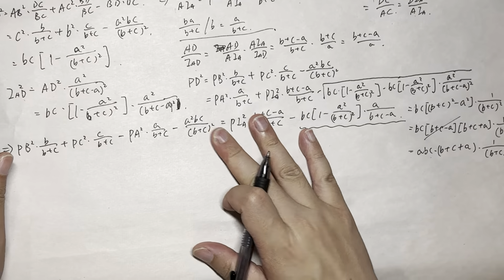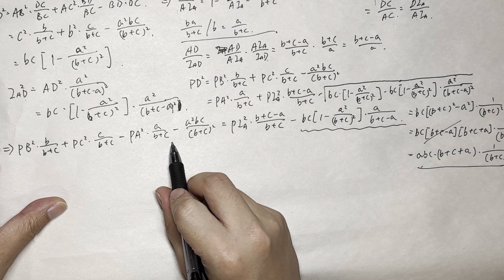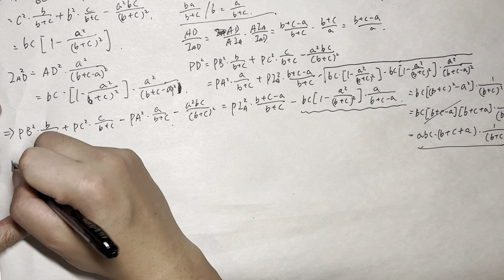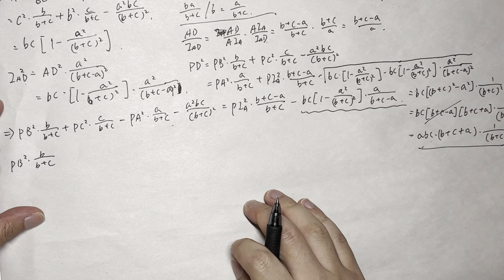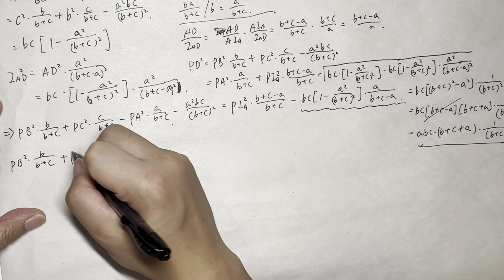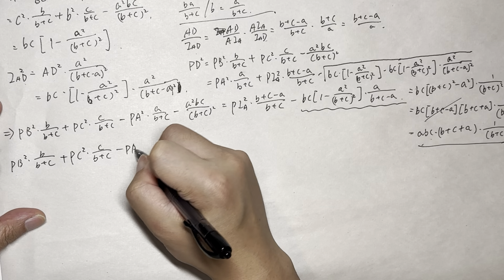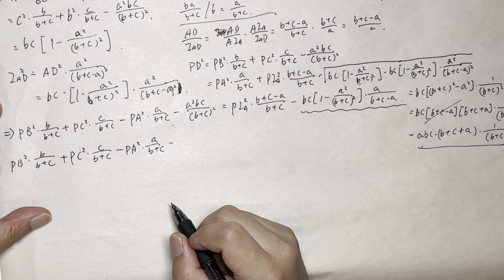Now we can move this term back to this side. Then we get PB squared times B to B plus C plus PC squared times C to B plus C minus PA squared times A to B plus C minus A squared BC to B plus C squared.